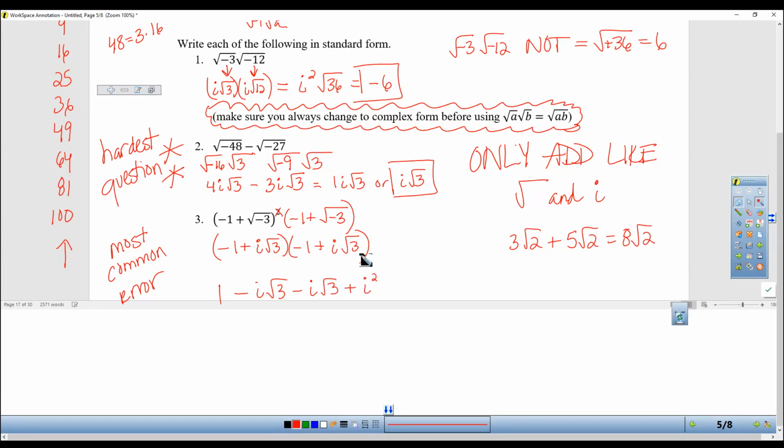The square root of 3 times the square root of 3 is just 3. So I have i square roots of 3 and another i square roots of 3. I can say I have 2i square roots of 3. i squared becomes negative 1. You're not adding, though, you're multiplying. This is i times the square root of 3, so it's i squared times 3. So negative 3, and that simplifies the 1 and the negative 3 to negative 2.